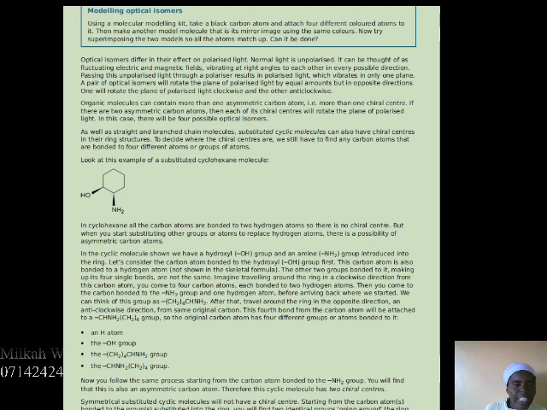If you start traveling around the ring in a clockwise direction, you will find 4 carbon atoms, 1, 2, 3 and 4, that are CH2 groups. Then you will come to the carbon bonded to the amine, CH with NH2.